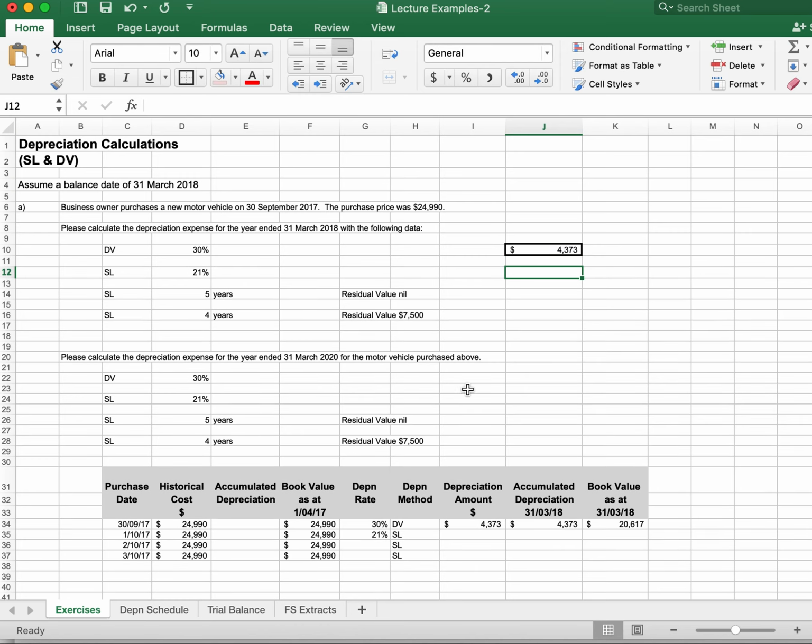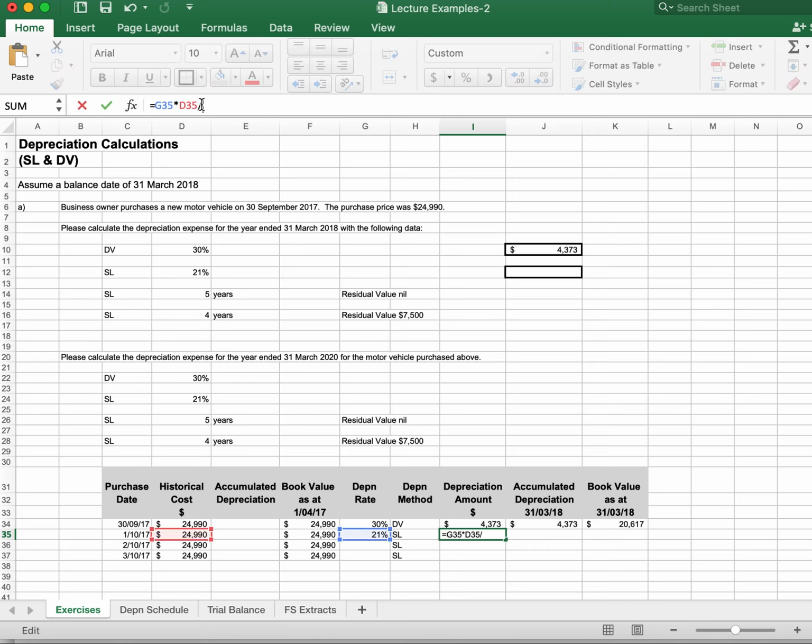I can continue on. So this one here is a straight line method. So it's the same amount every year. So that one there is always going to be that rate times what it originally cost us. So you set the formula up to get the historical cost. With the diminishing one, you set the formula up to get the book value. Again, that's a full year.